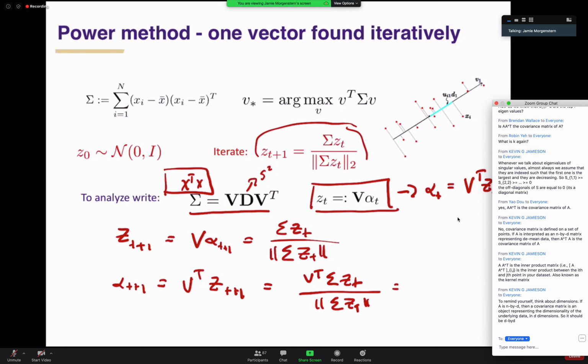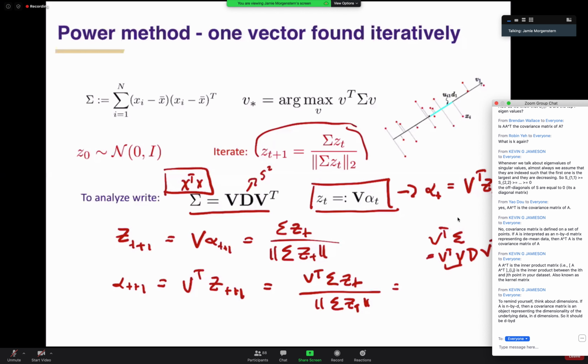So if we look at V transpose times sigma, that gives us the diagonal times V transpose. Sorry, maybe this is easier to write over here. Okay, so if I write V transpose sigma, that's just equal to V transpose V D V transpose.